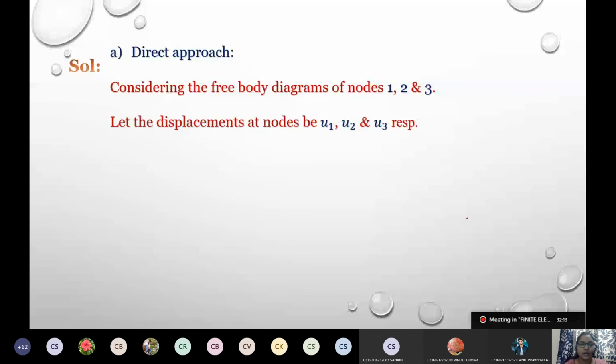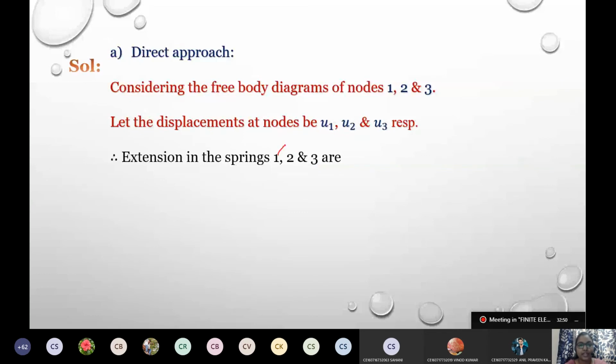Now, there are displacements in the nodes. That's a different part. And because there are springs attached to the nodes, there will always be extensions in the springs due to the displacements at the nodes. So that is the other part. All right. So we have to consider what the extensions are at springs 1, 2 and 3. We have 3 springs. If you see the figure, we have 3 springs attached to 3 nodes.